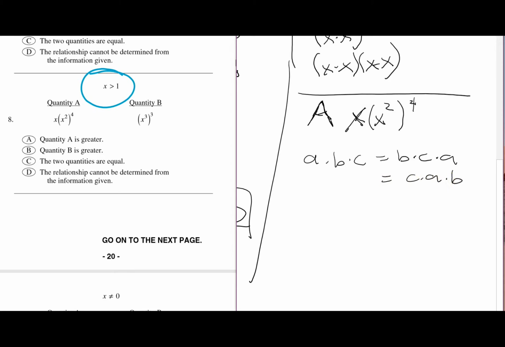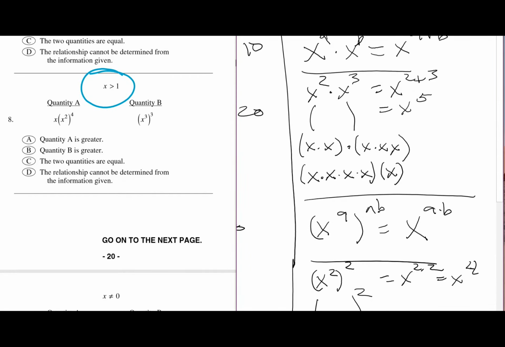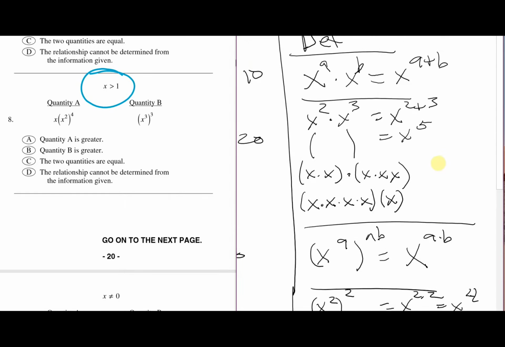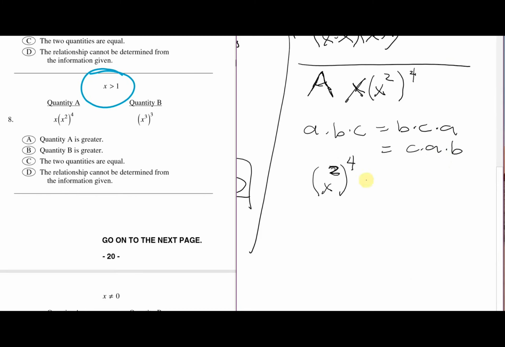It doesn't matter how you combine the numbers. They're all going to come out the same. So you can break this into components. Let's start with the outer one, the x squared to the 4th. Based on the previous definition, x to the a to the b is x to the a times b. This is the same scenario. So this is equal to x to the 2 times 4, which is x to the 8. So that's the first one.